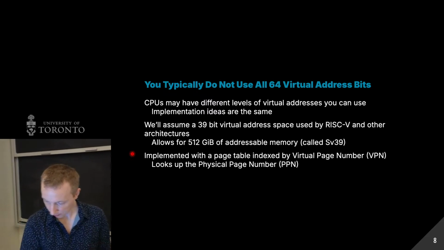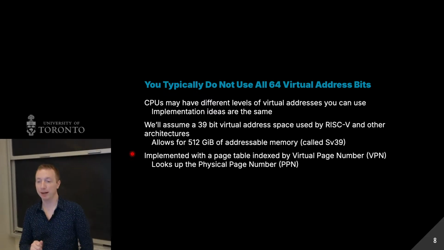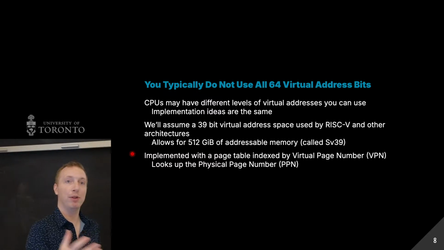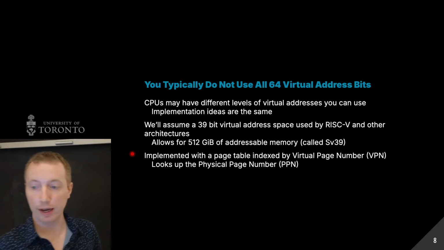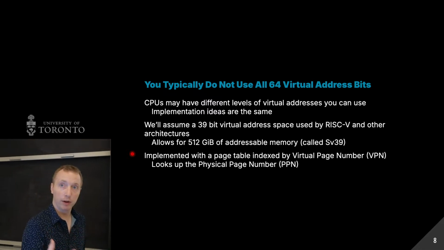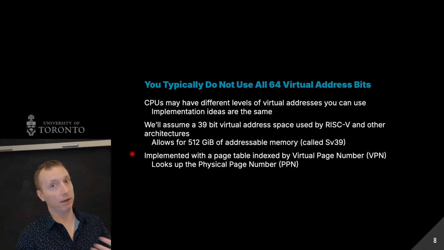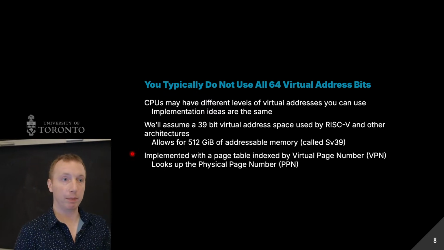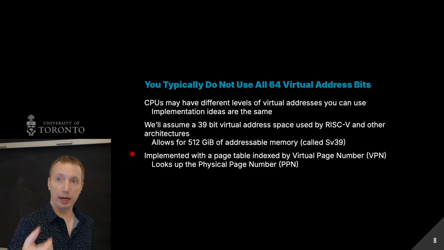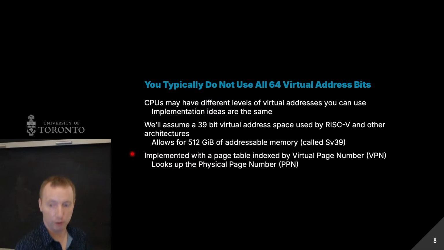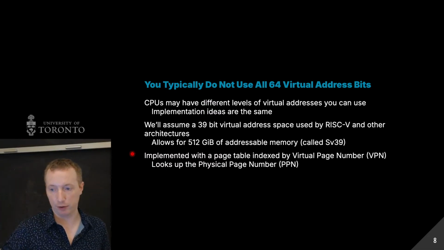So how it is implemented is a big page table, aka a big array. It's just a big lookup array, indexed by virtual page number. So we're dividing our memory up, instead of bytes, into big blocks called pages. And for every single page, we're going to translate whatever physical page it should be.